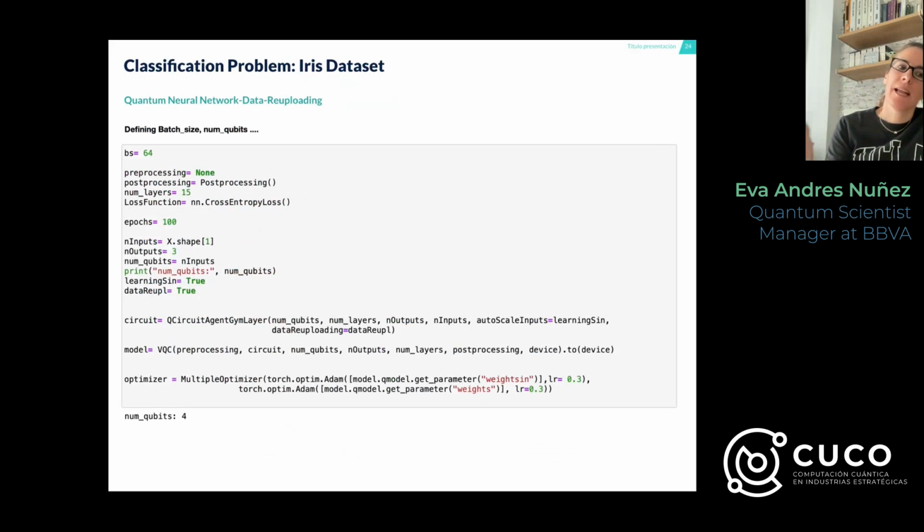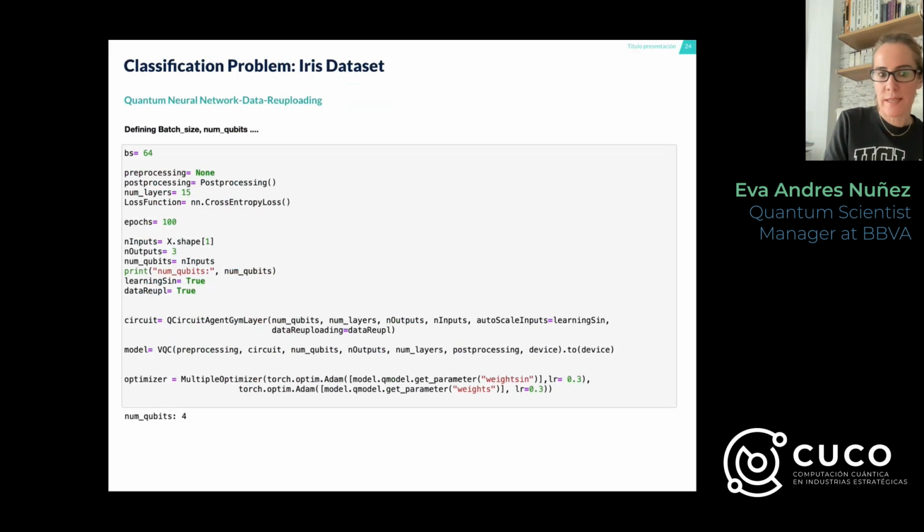In this case, now we are doing the same, but applying the data reloading technique. It's very similar, but remember that we have to include other learning parameters in the encoding layers. So we have to use a different classical optimizer in the ansatz layer and in the encoding layer, or the same, wherever you need, with different learning rate or whatever.